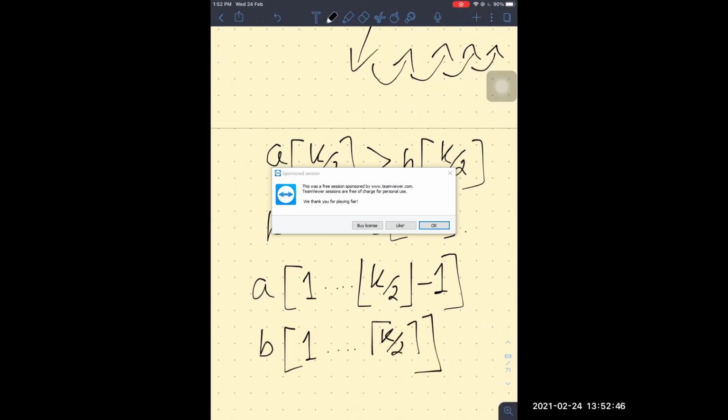All of those elements will be smaller than B[k/2]. Is it clear?